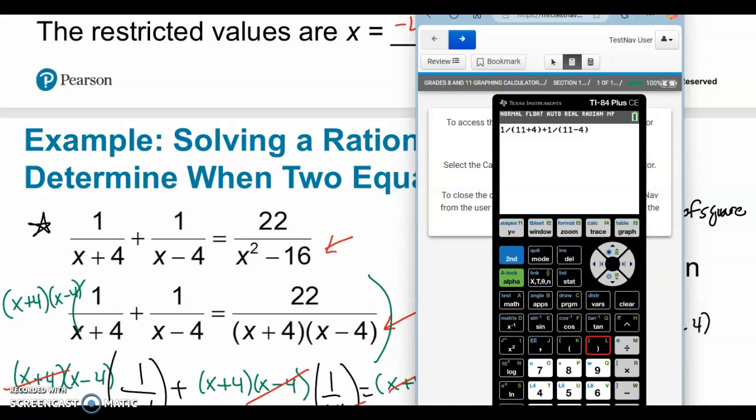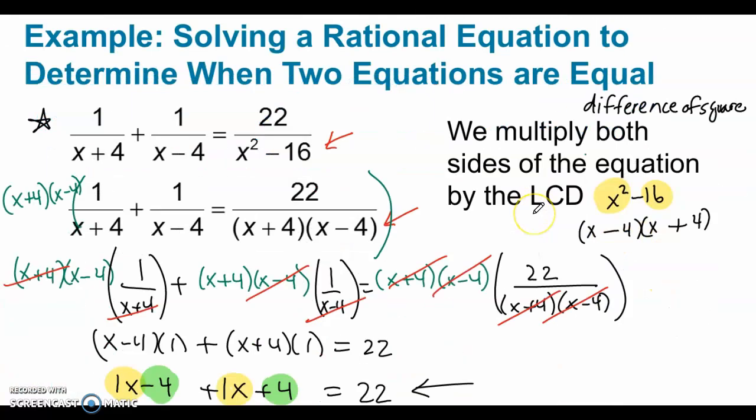So this is the left-hand side. Hit enter, I get this value. Then I'm going to go to the right-hand side. I'm going to say 22 divided by parenthesis 11 squared minus 16. And on this side, you get the same thing. So then I check my answer, and we're good to go.